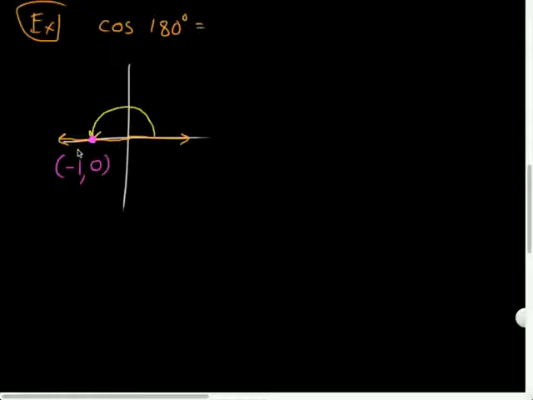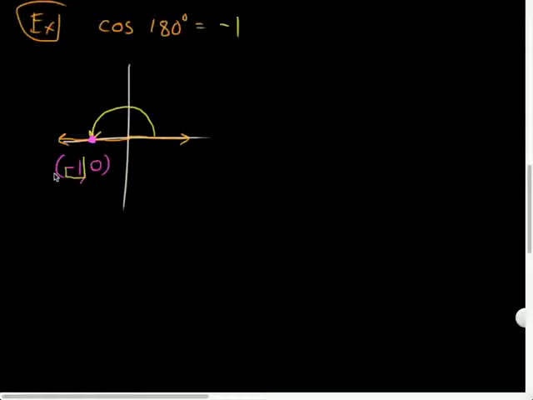So what would cosine of 180 degrees be? Cosine of 180 would be -1. How did you know that? Cosine is just going to be the x.